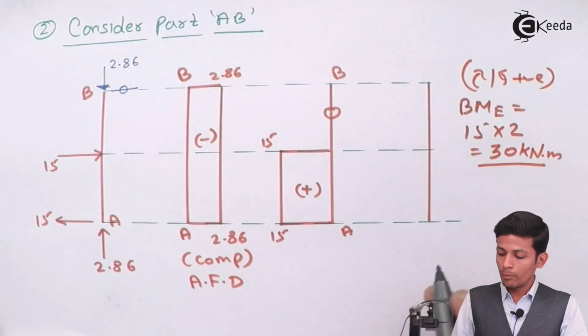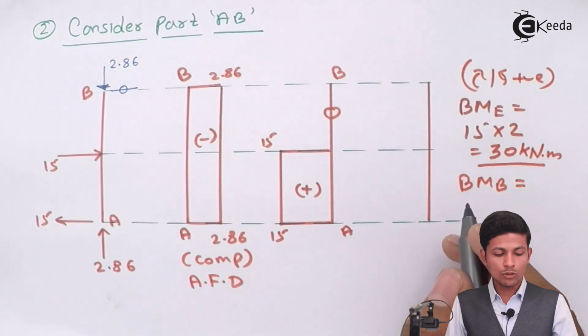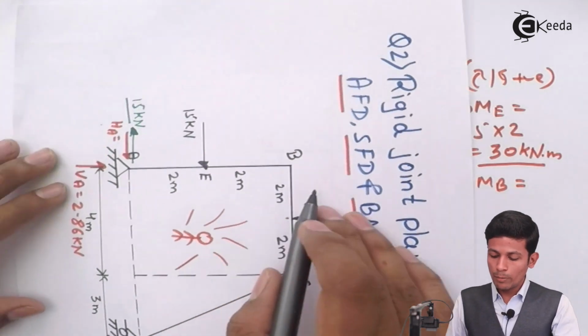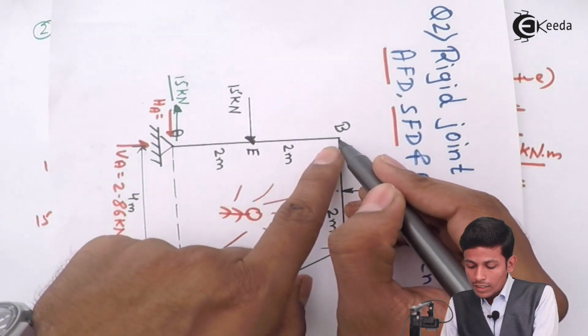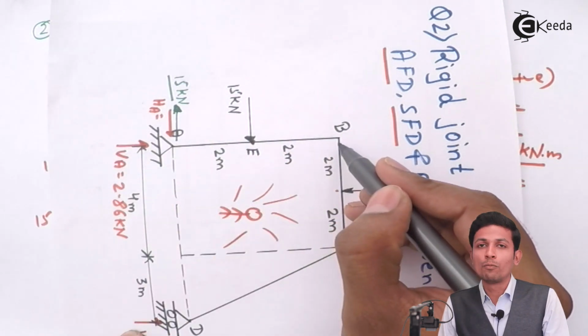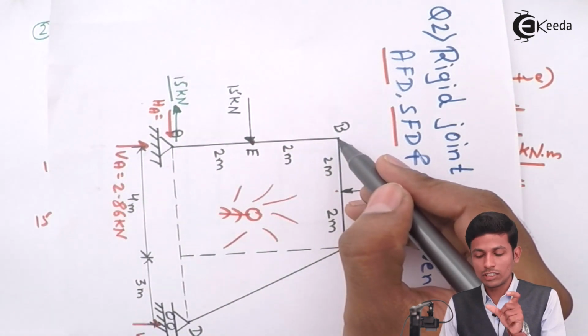Now what about the bending moment at B? Bending moment at B is equal to, now see, when you are solving the bending moment at B, we can take this part or we can take this whole part. Always we have to take this part, because it is the shorter span.